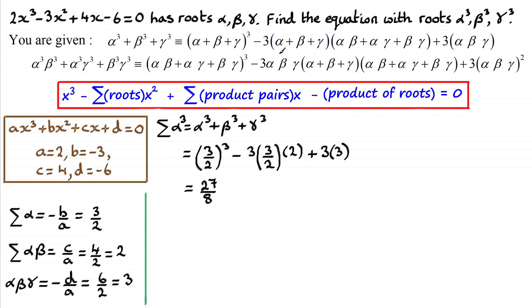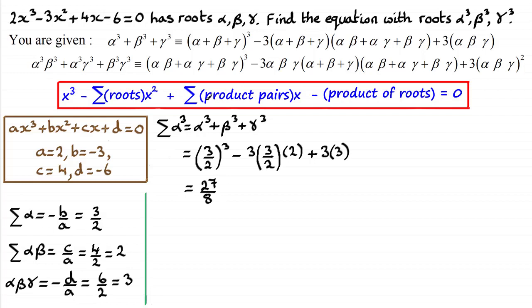Then we've got minus 3 times the sum of those roots again, so that's minus 3 times 3 over 2, times the sum of the product pairs, given here as 2. Then we've got plus 3 times the product of the roots, which we saw was 3. Work that out and you end up with 27 over 8. And that's going to be substituted into here later on.